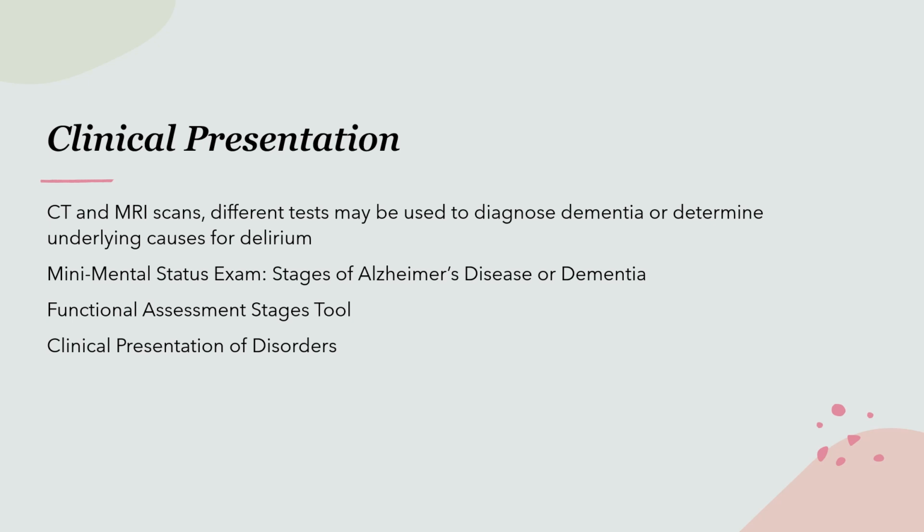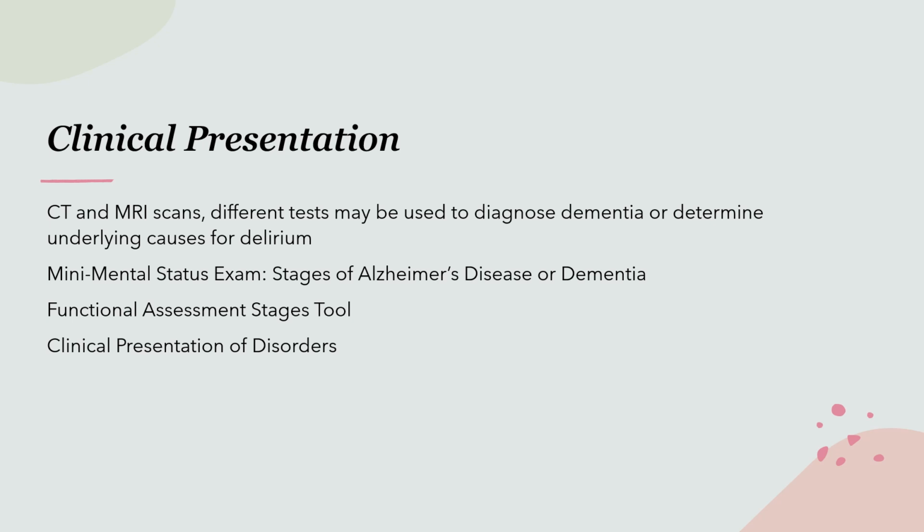When a client presents with delirium and they do not have a history of dementia, we want to look for the cause. And we've kind of talked about this: substance use, dehydration, infection, hypoxemia, things like that. Okay.